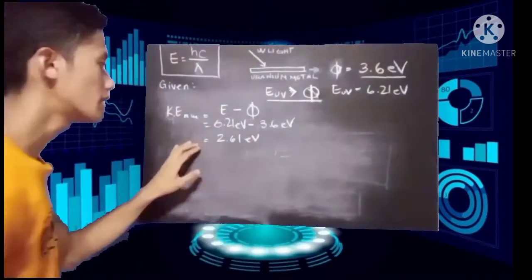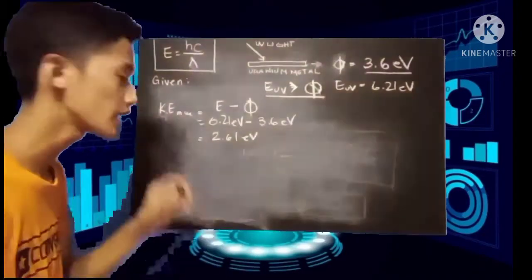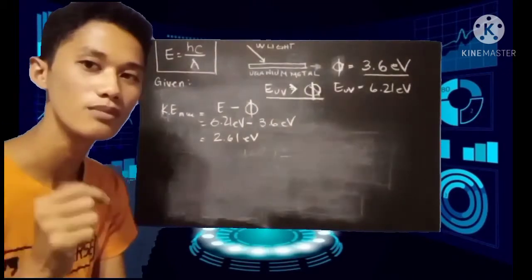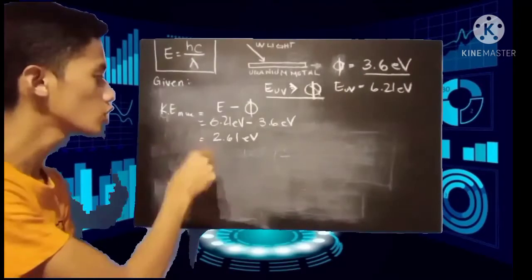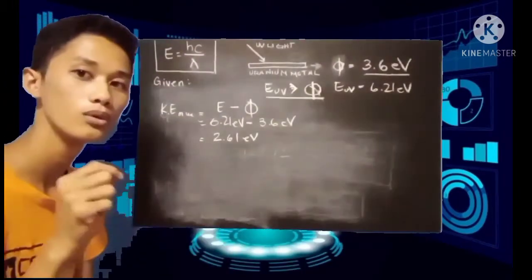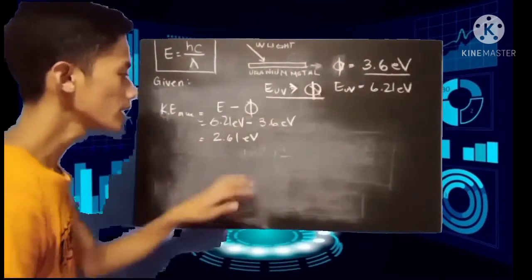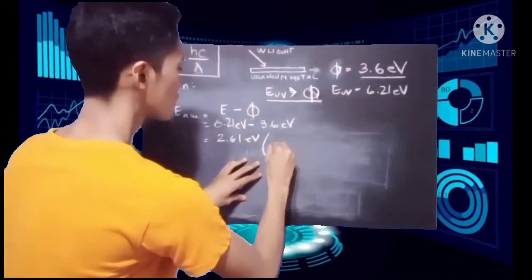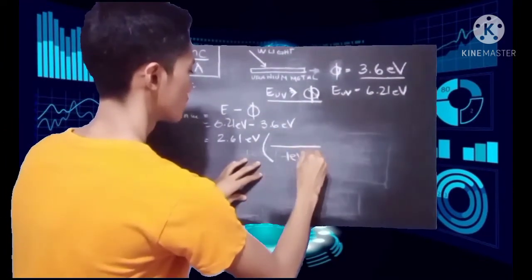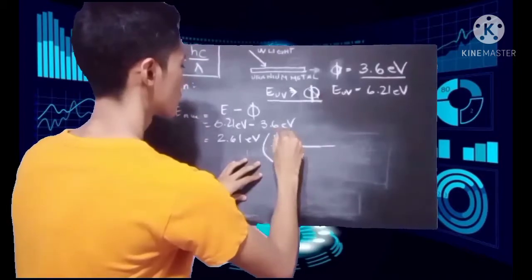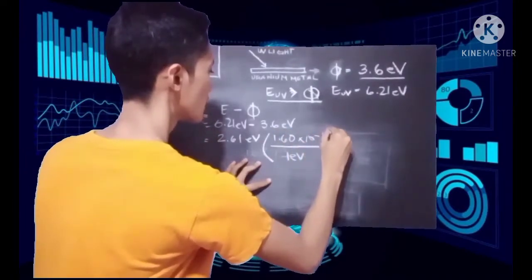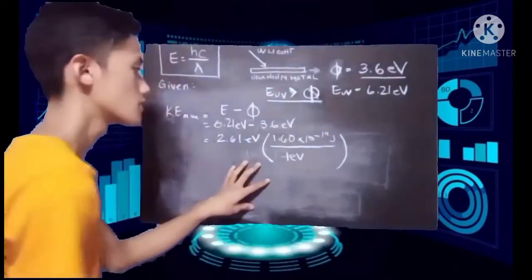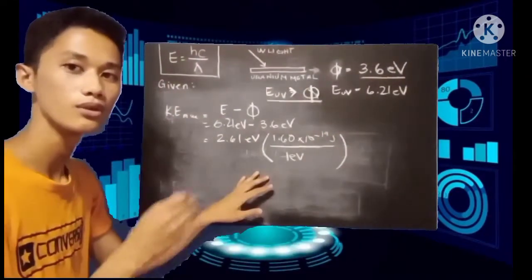electron volts. But since we are talking about kinetic energy, our unit must be expressed in joules. So we will convert this 2.61 electron volts into joules. We know that 1 electron volt is equivalent to 1.60 times 10 raised to negative 19 joules. So with this, we can now convert electron volts into joules.